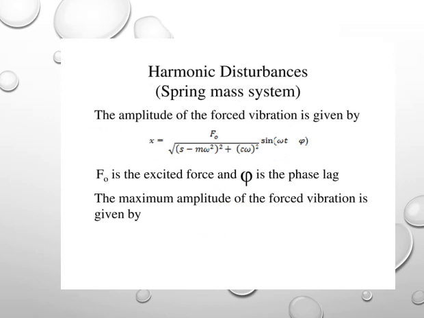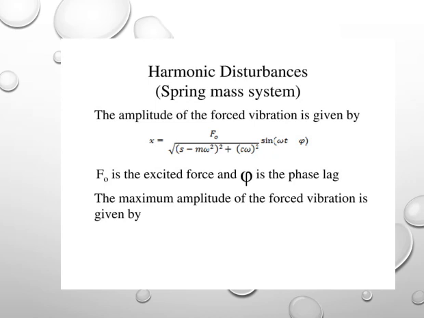The amplitude of the forced vibration is given by x equal to F0 by the square root of (s minus m omega square) the whole square plus (c omega) the whole square, into sin(omega t minus phi).